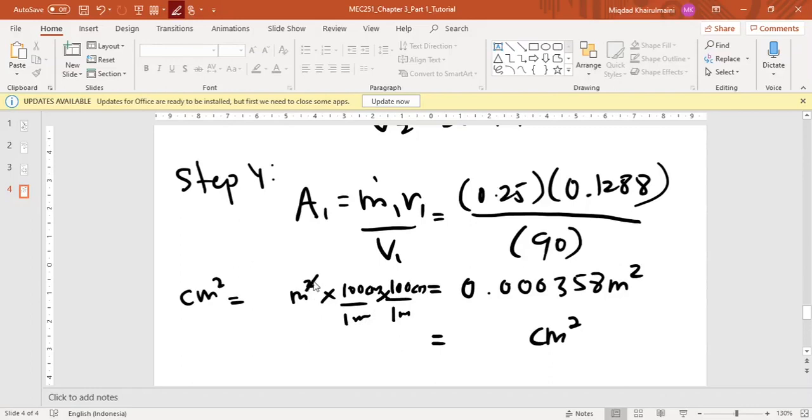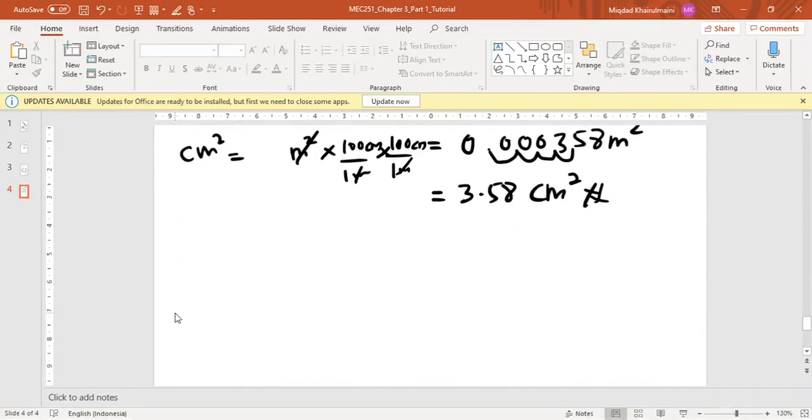We can cancel and get cm square. Basically it's times 100 times 100, which is 10,000, so 4 zeros: 1, 2, 3, 4. So it's 35.8 centimeter square. All right, so this is the answer for the first part.